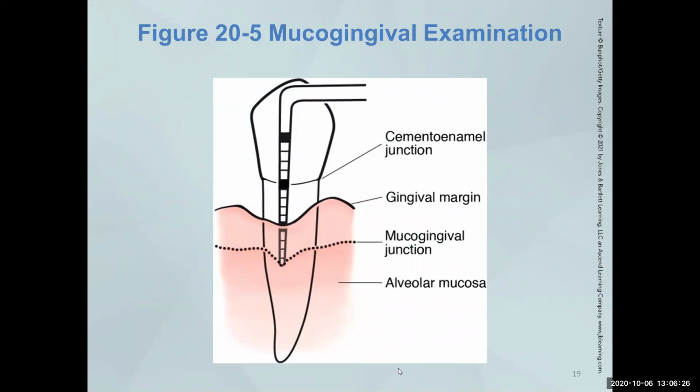Mucogingival examination, you're taking lots and lots of measurements. You're taking your probe reading, okay? And so this would be 1, 2, 3, okay? 1, 2, 3, and then this is 4. This is probably up to a 5 millimeter probe reading, but they have visible recession here as well. So you're not only doing the probe reading, you're measuring where that gingival margin is. So you're measuring from the CEJ to the gingival margin, and you're putting that data in, and you're combining the two to come up with your clinical attachment level.